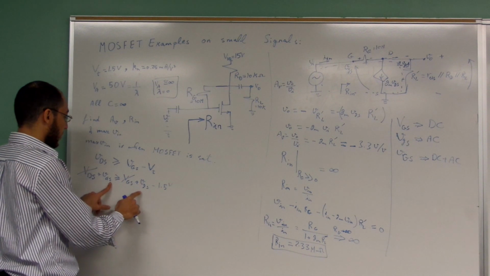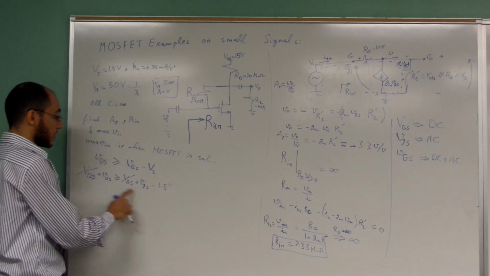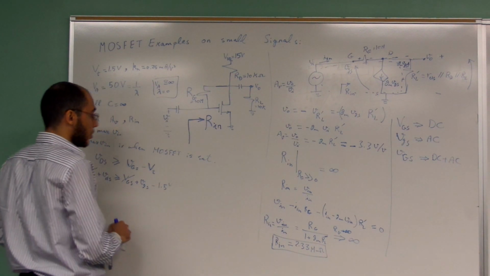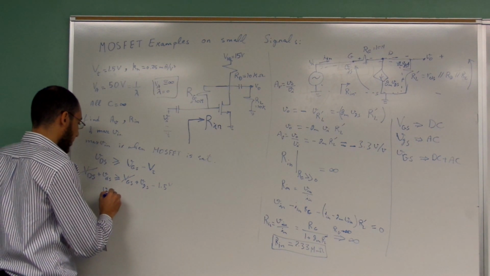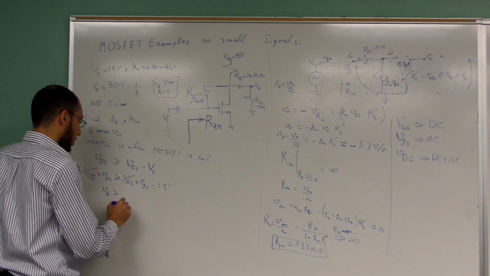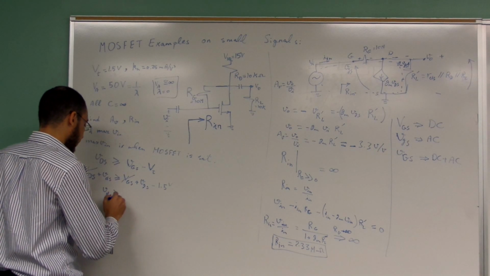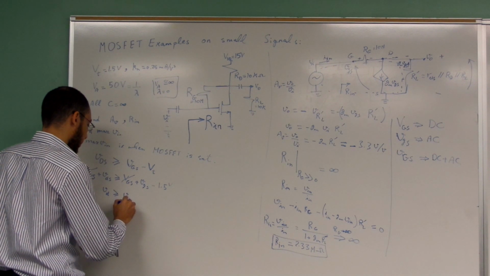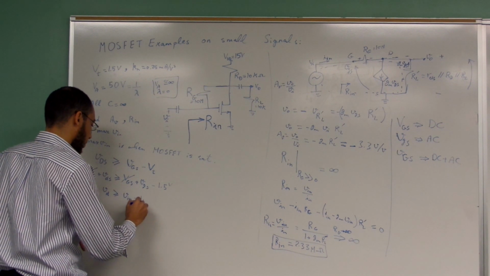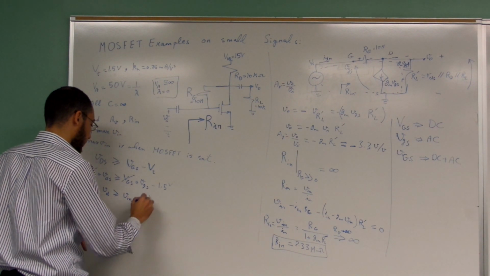The source is shorted to the ground, which means that the condition is VD has to be greater than or equal to the input minus 1.5 volts.